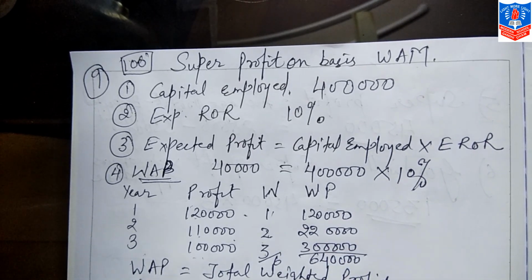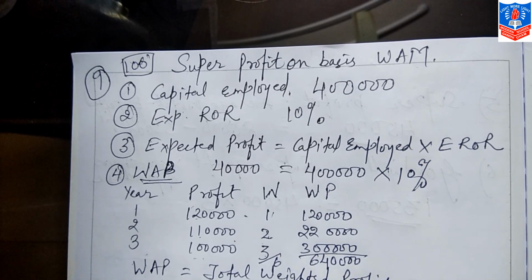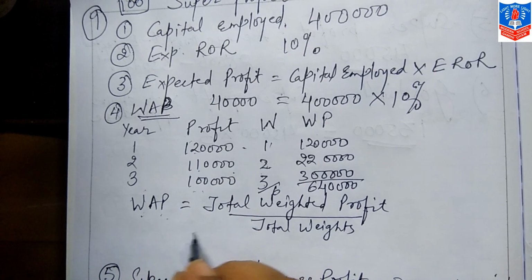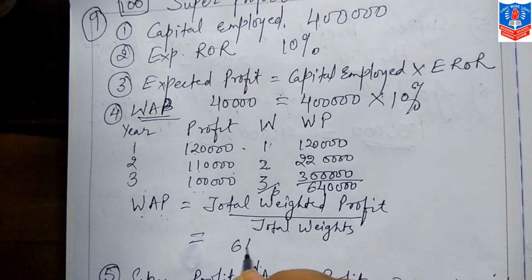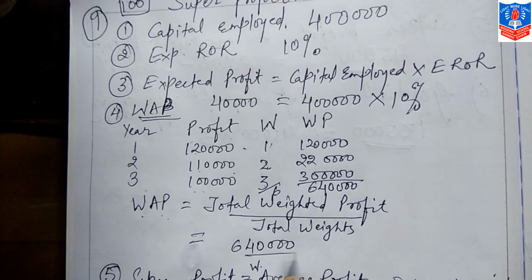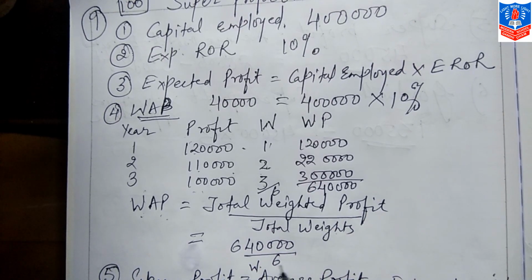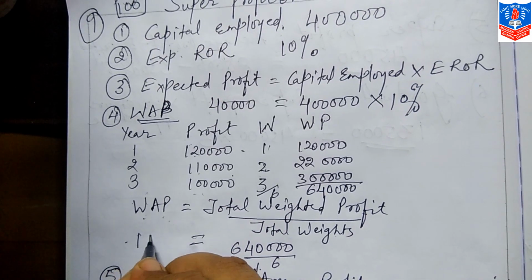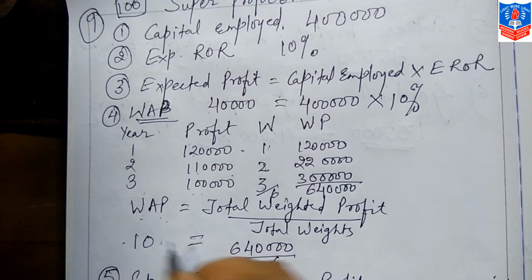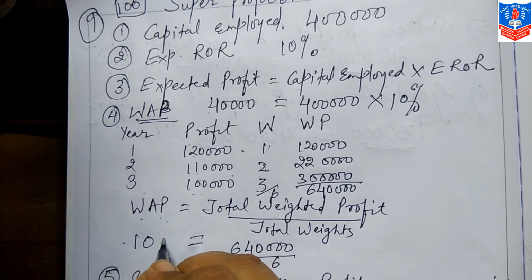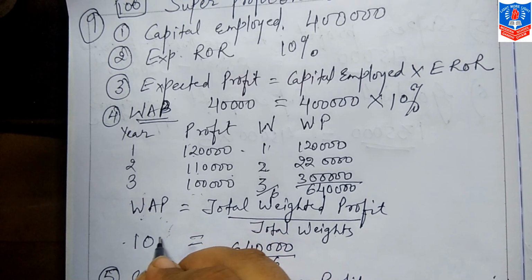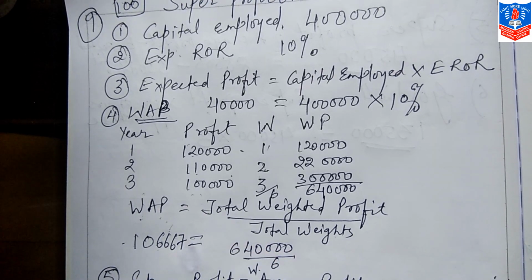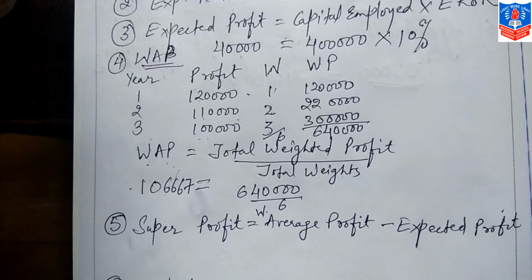So total weighted profit 6,40,000 upon total weights, that is 6. So weighted average profit comes to 1,06,667. Okay, we can take it in this way.